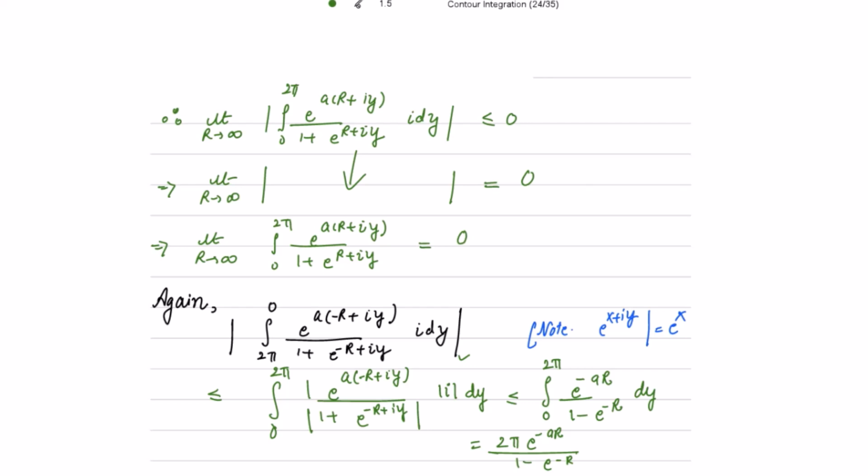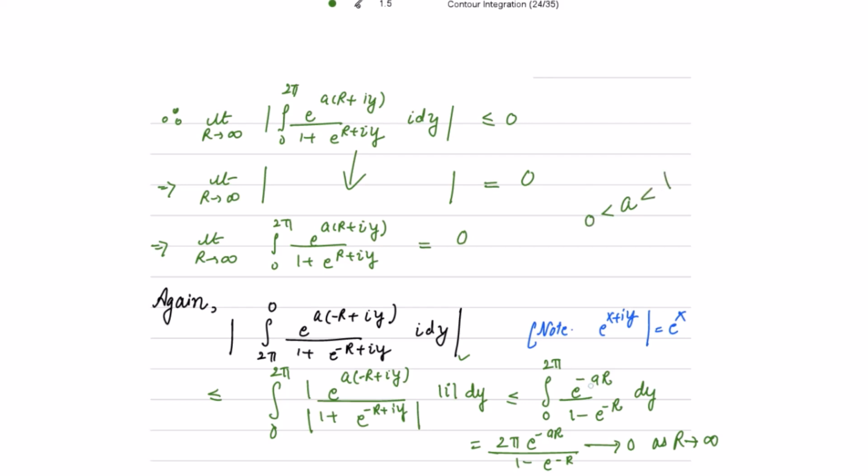Otherwise you will get the negative quantity, which cannot be possible. Okay. Now as r tends to infinity, this will tend to 0. Let's check the power. I'm having negative a. I know that it is given to me that a is strictly greater than 0 and less than 1.